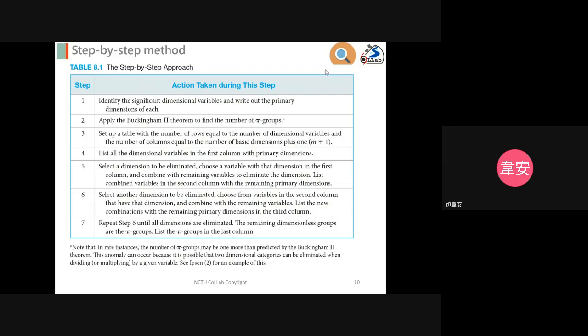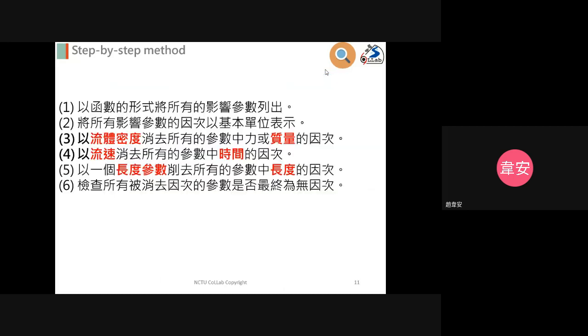And right now, we just introduce the first method to do the dimensional analysis, which is the step-by-step method. The table just lists the steps for the step-by-step approach, so I just provide a brief introduction. First, we list all of the physical variables, and then we list all of the dimensions for our variables.